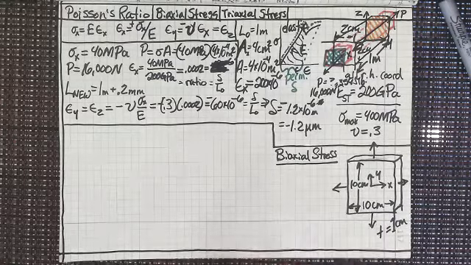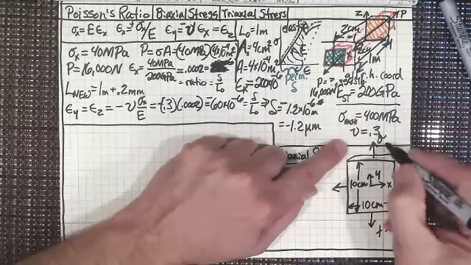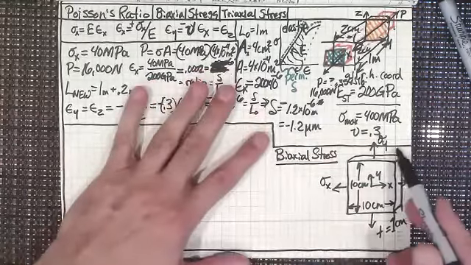So I've got this, and what I want to say about that is that we've got 2 different things. We've got stress in the Y direction, and we've got stress in the X direction.